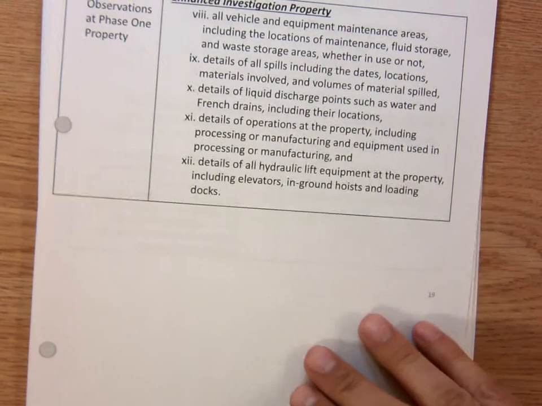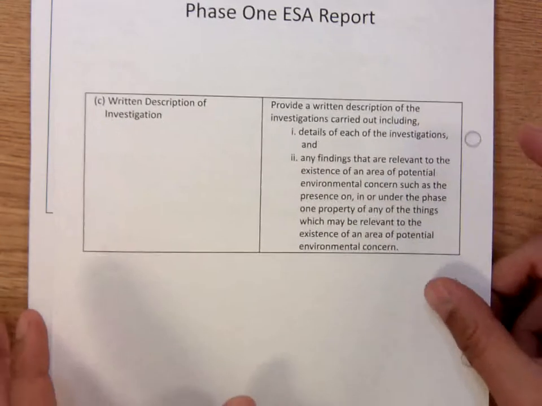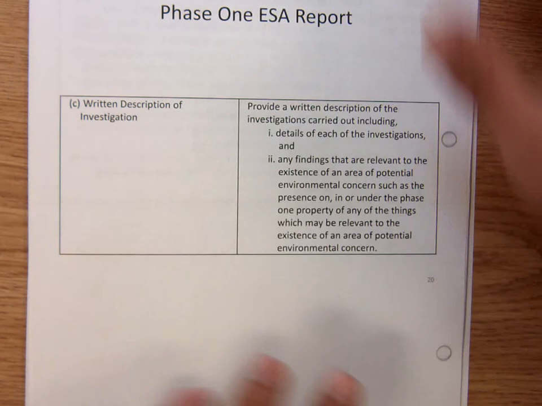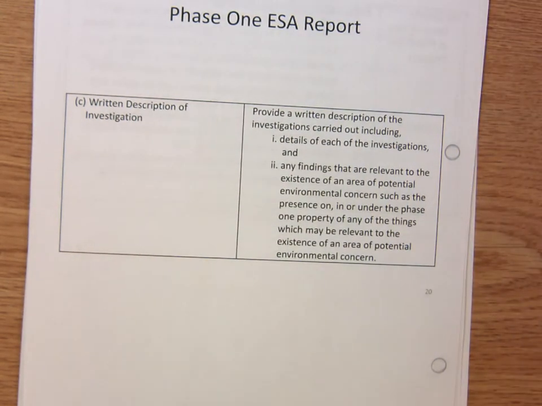If you flip to the other page, page 20 of your handout, you'll see that eventually in your site visit, you also provide the written description of the investigations carried out, including the details of each of the investigations and any findings that are relevant to the existence of an area of potential environmental concern, such as the presence on, in, or under the phase 1 property of any of the things which may be relevant to the existence of an area of potential environmental concern.